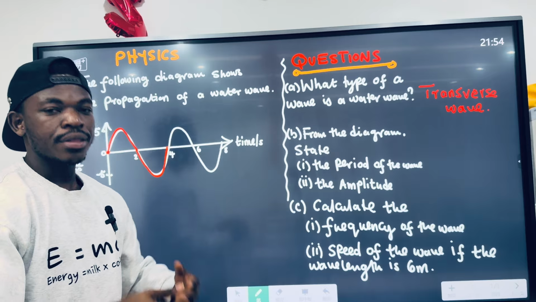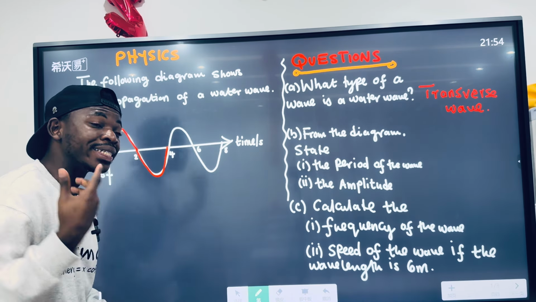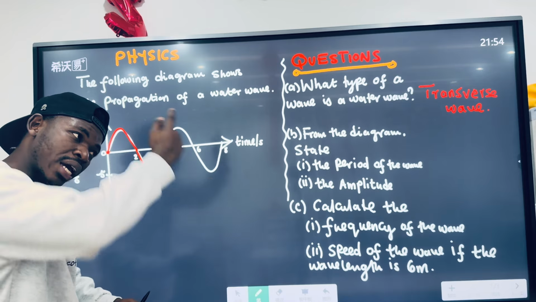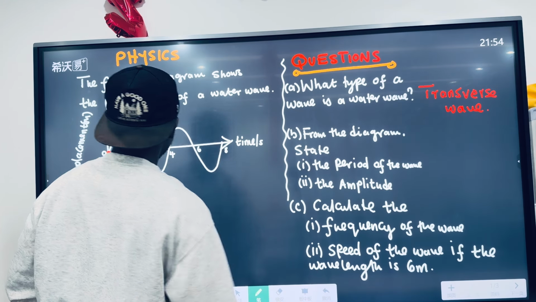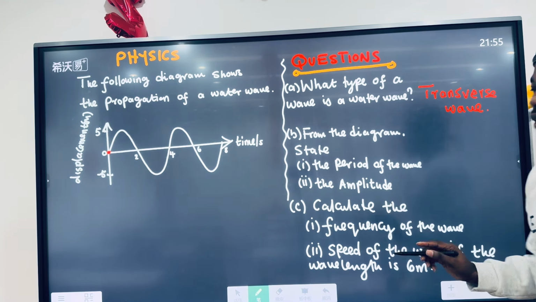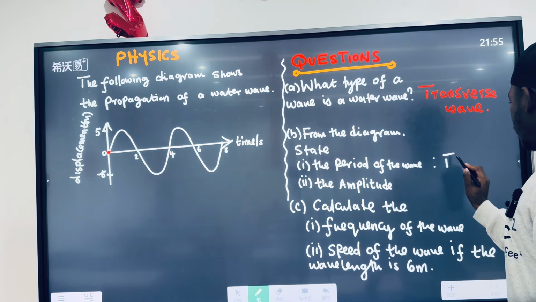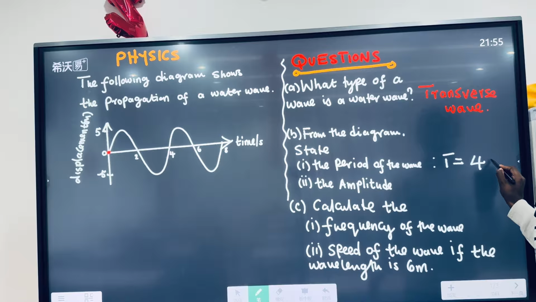We call that time the period. So the period of the wave is the time it takes the wave to make one complete cycle. From this diagram, the period is 4 seconds. We use capital letter T for period. The answer is 4 seconds.